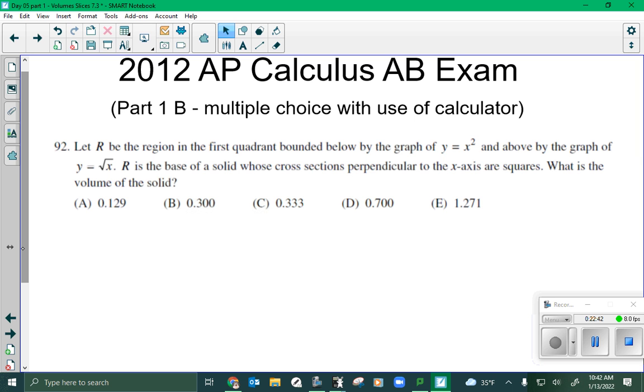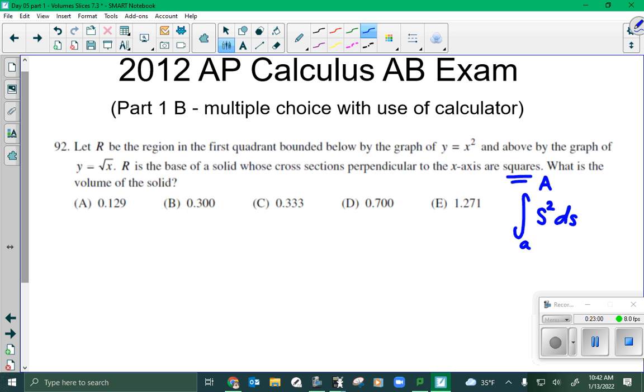What is the volume of the solid? So I know I'm actually going to integrate squares because that's what my cross section is. Okay, so in my mind, I'm going to integrate the side squared because that's the area of a square, and then times a dummy variable, and I need some bounds. Okay, that's going to be my volume.